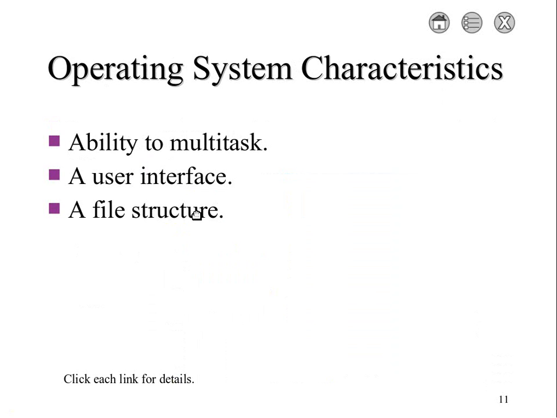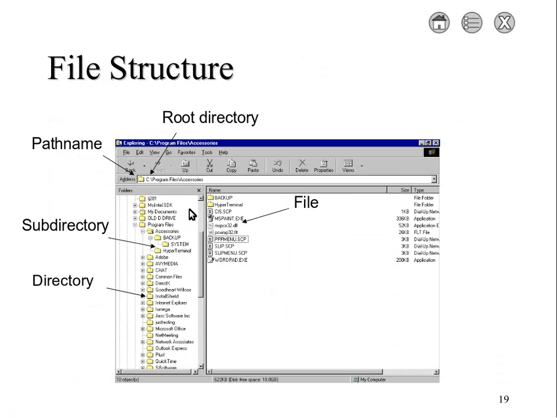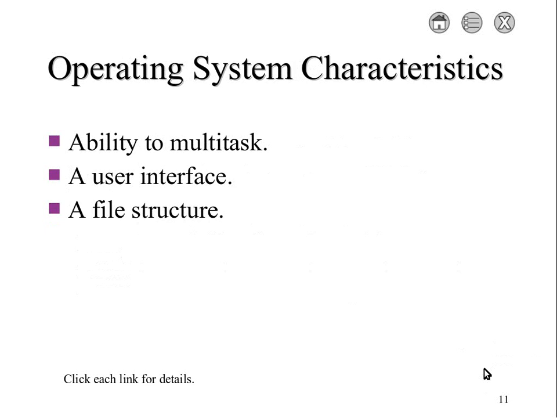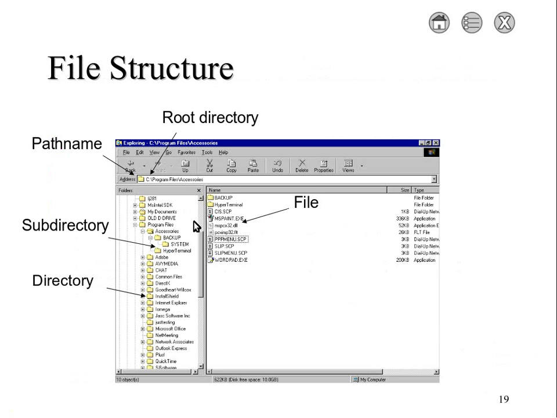The other thing that the operating system provides for us is a file structure. A file structure is an organization for all of the different items stored in our storage system. And that would include all of our programs, all of our data files, any kind of data of any kind that we store in the storage system needs to be organized in some way.